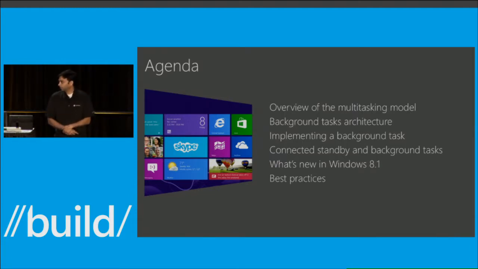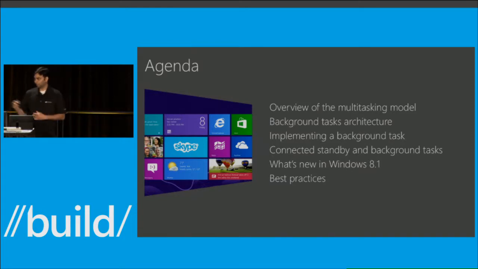Then I'll dive deeper into the code and do two demos: a pretty basic hello world background task, and debugging a background task. Then I'll talk about connected standby and what it means to have background tasks in connected standby. Finally, we'll talk about what's new in Windows 8.1 and end the talk with a short list of best tips and practices.